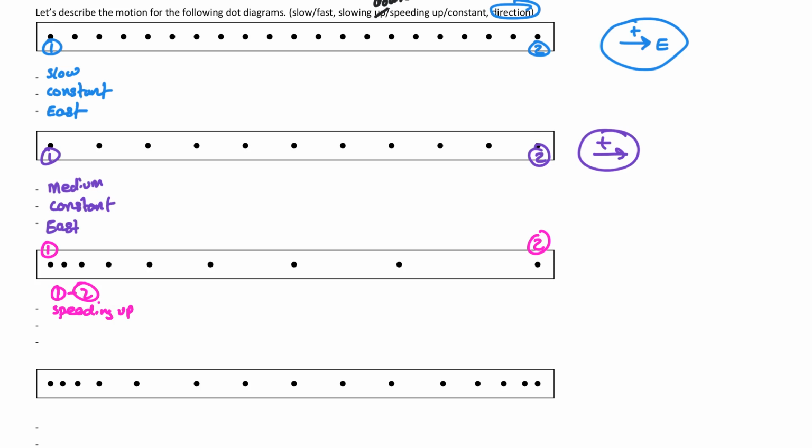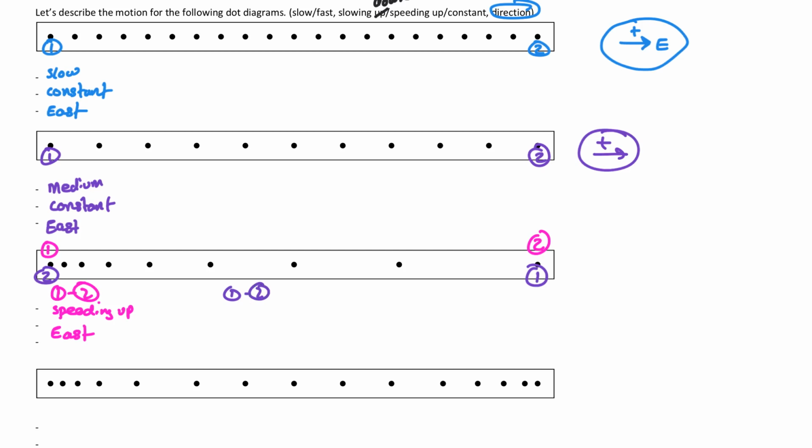It's from slow to fast, so I'm not even going to write it, and in this case it would be going in the east direction. We can also make an assumption that the object is going from 1 to 2 this way. So I'm going to say for purple, 1 to 2.